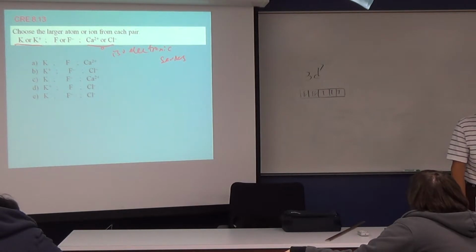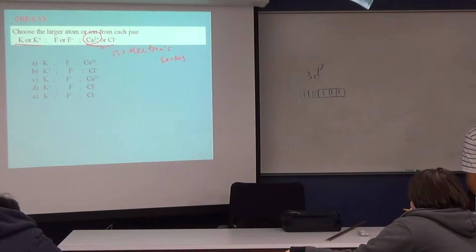So how many total electrons for both of them? How many electrons do we have for Ca2 plus? The total electron count becomes 18.